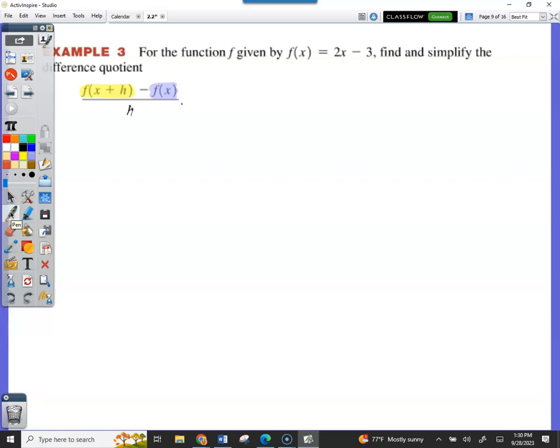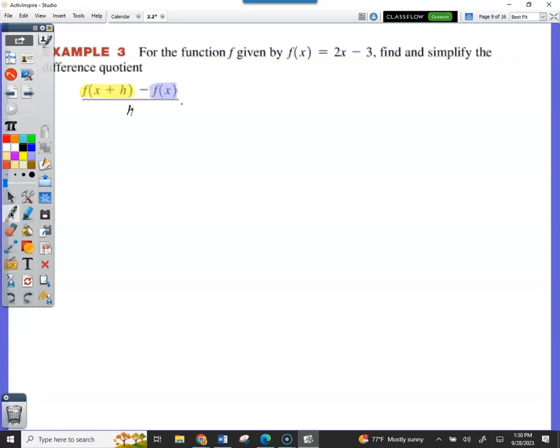What it means is you're going to plug in x plus h, the expression x plus h, into the function f. Then you're going to subtract the function f, and it's going to all be over the letter h.